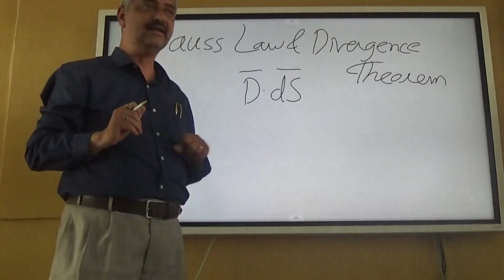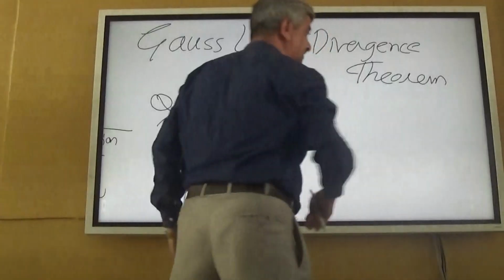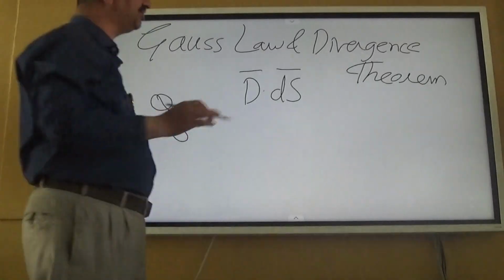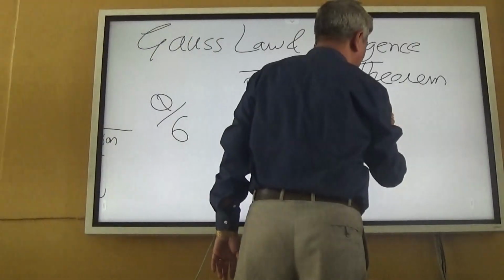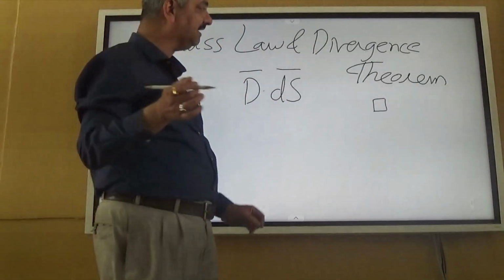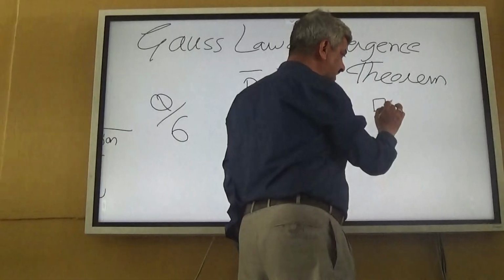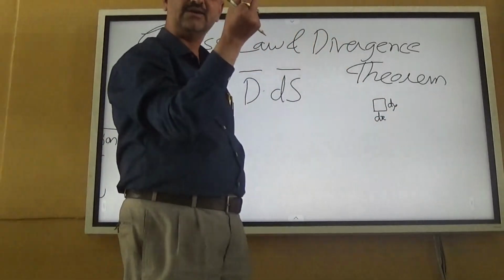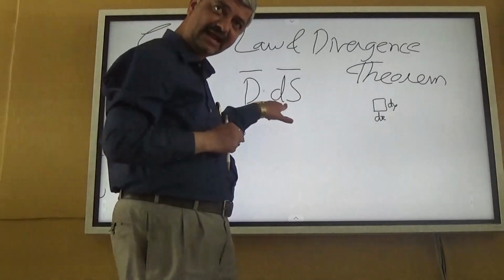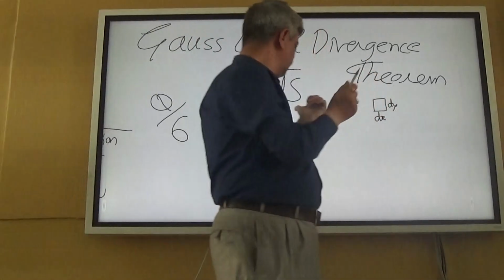So what should be there? D dot dS means, if we consider this as one side of the cube, at each point, actually point we consider to be the limiting case of this small square whose sides are dx and dy. So a small square of area dx dy is this vector, this dS, whose direction is this.